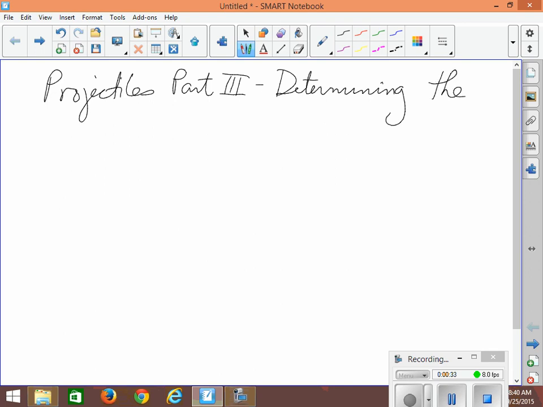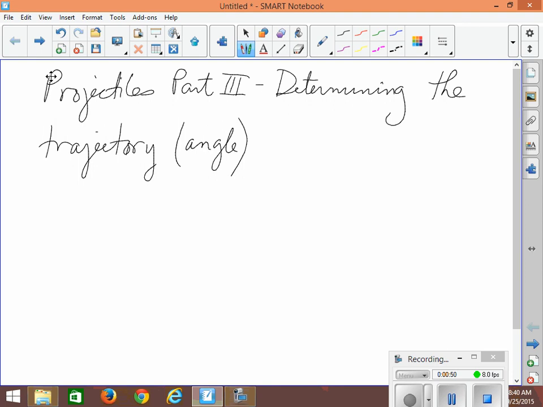And another word for the angle that a projectile is fired at is trajectory. So the trajectory is the angle at which we are going to fire the projectile.